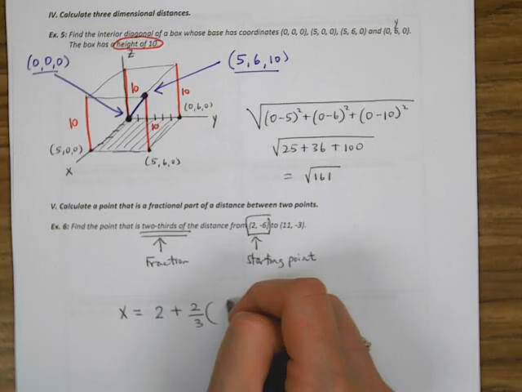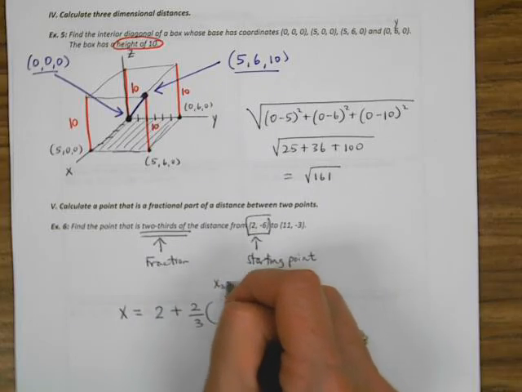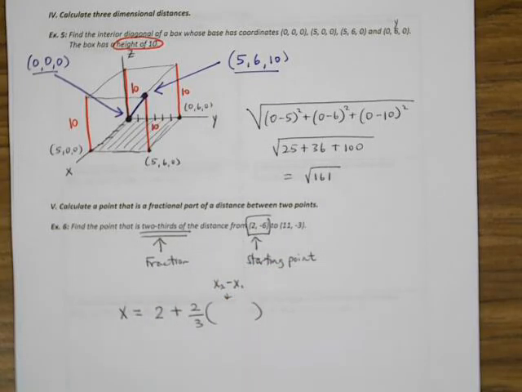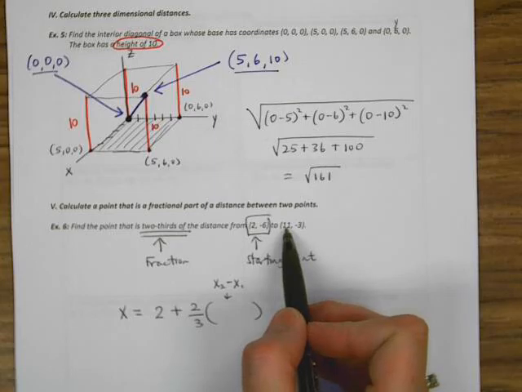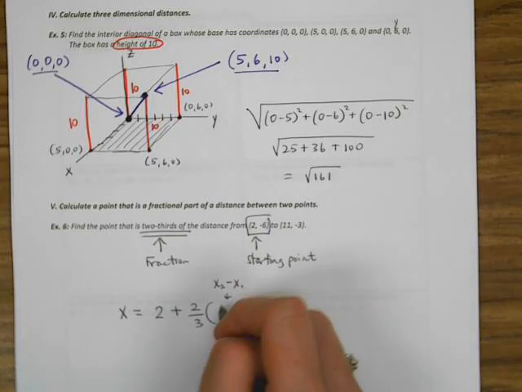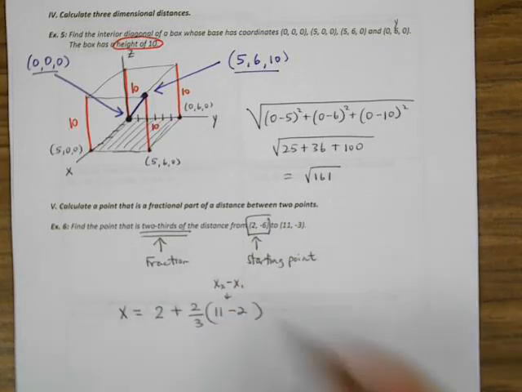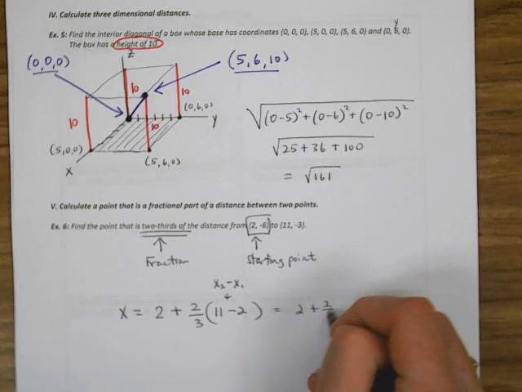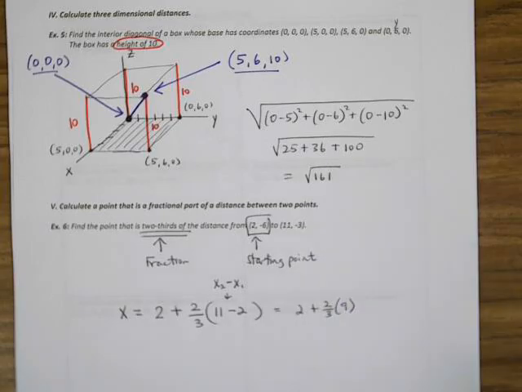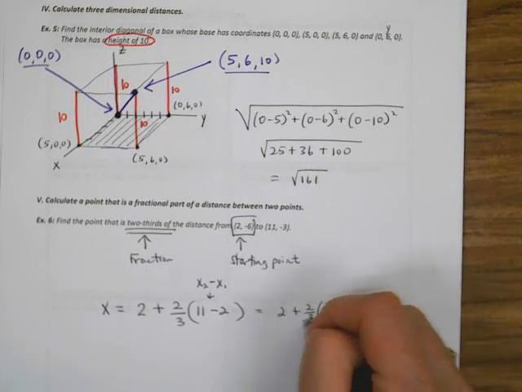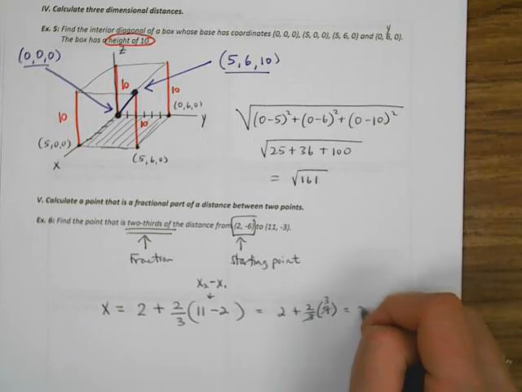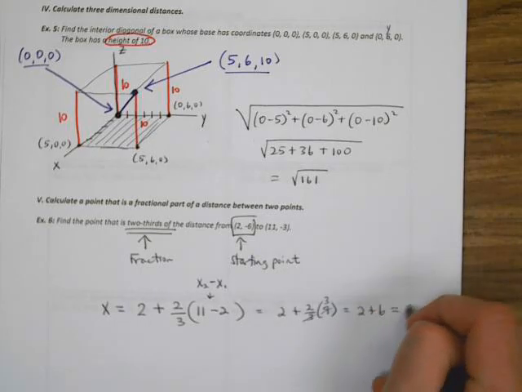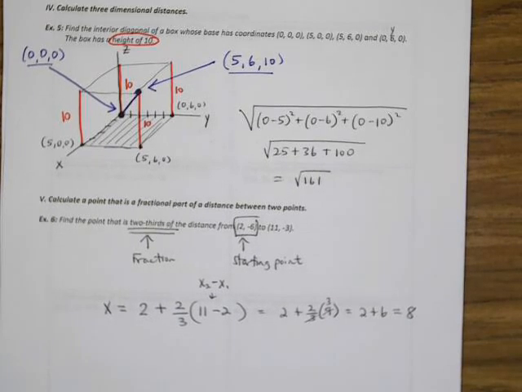Now remember this x distance right here, that's x2 minus x1. x2 is 11 minus x1. So 11 minus 2, that's like right minus left, represents that distance. So that's 2 plus 2/3 of 9. Well, 3 goes into 9 3 times, so that's 2 plus 6. So that x coordinate comes out to be 8.